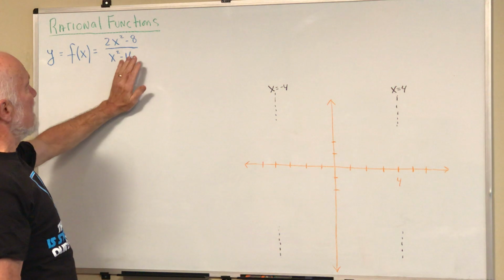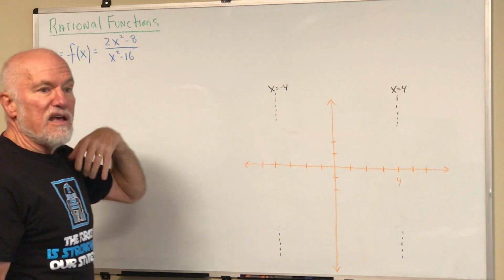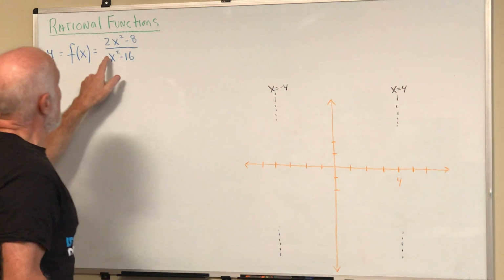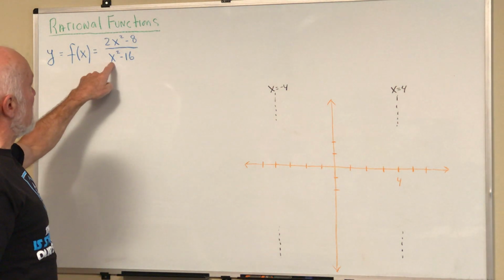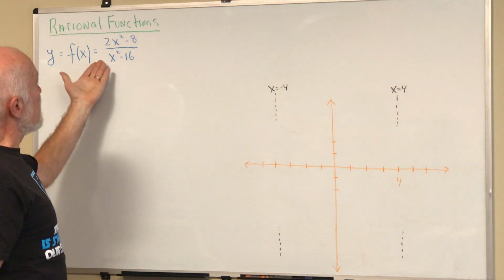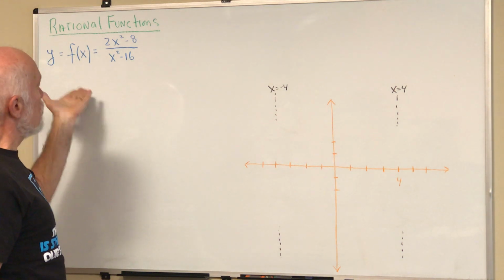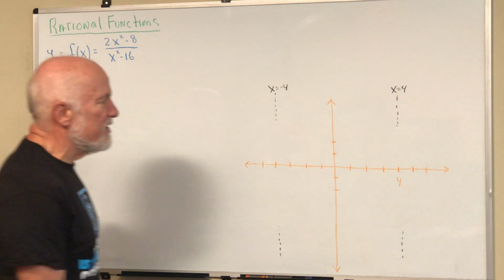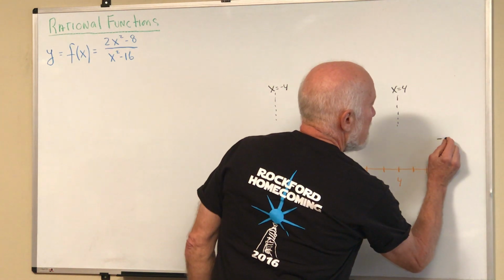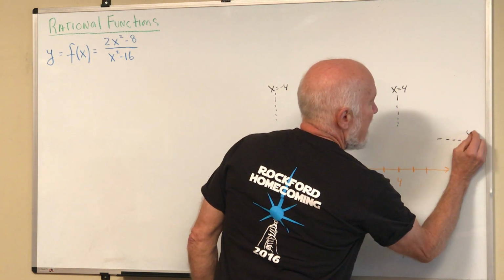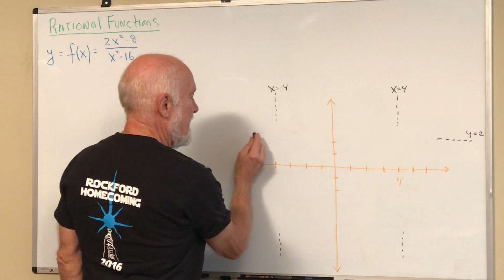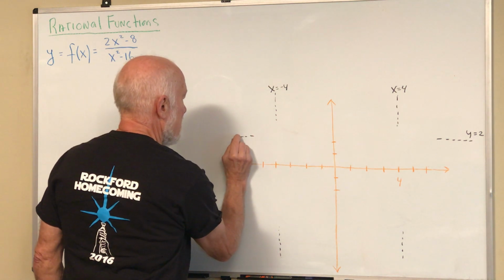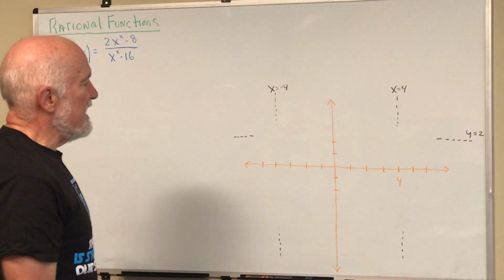We basically can ignore the 8 and the 16 for really large and really small values of x. So that means when we take the limit of this, as x approaches infinity or negative infinity, we get 2. So the function value basically is leveling off at 2. We have a horizontal asymptote, y equals 2, and it happens at both ends of the graph. So we've taken care of that.